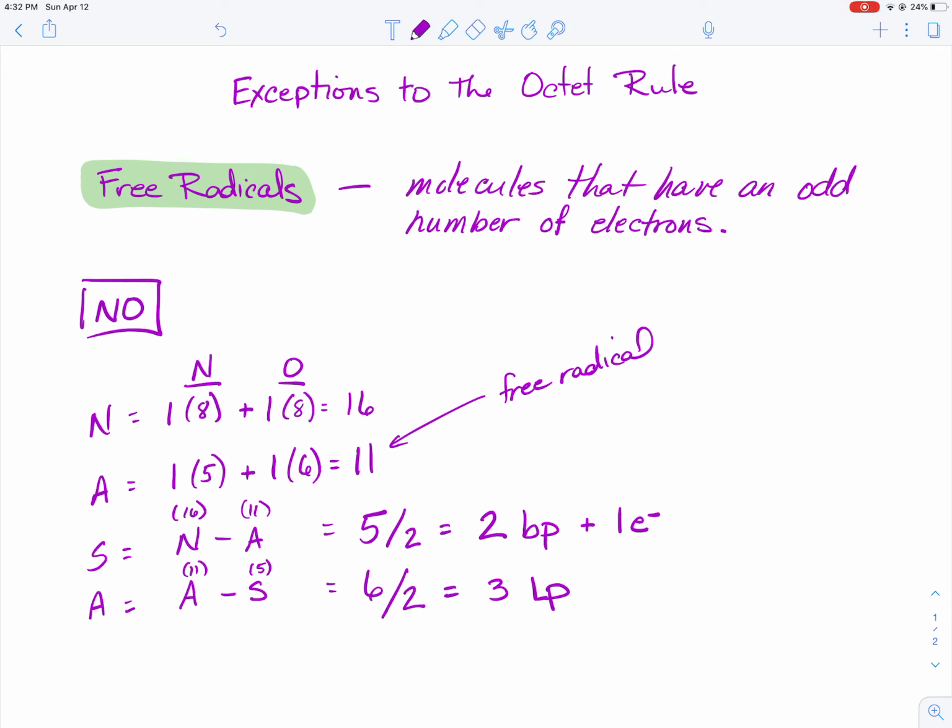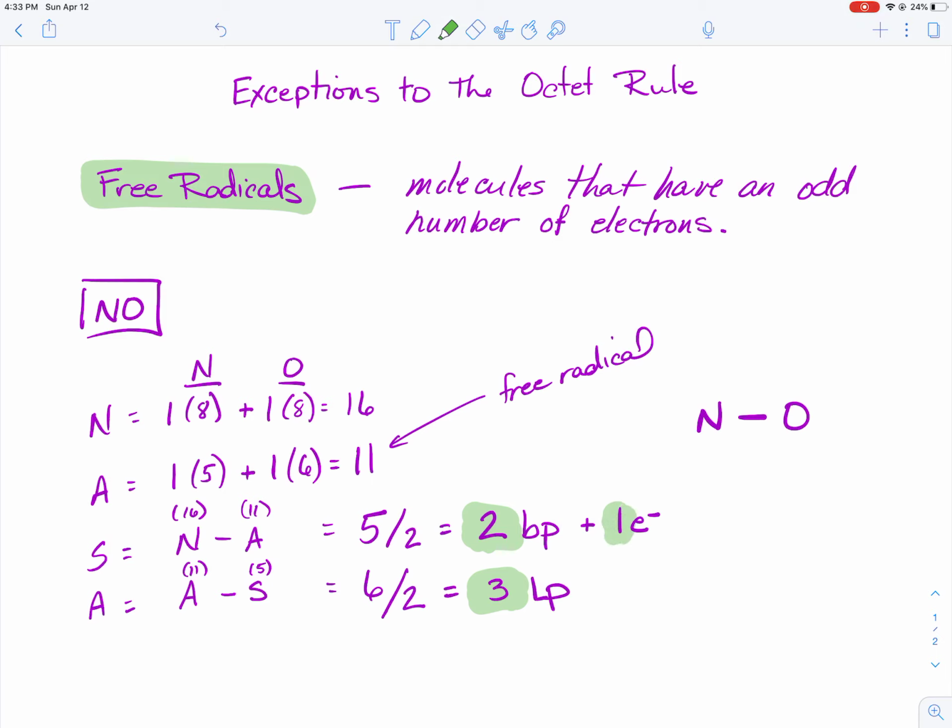Okay? At this point, you can start to build your structure, and you just think of things as normal. So we'll have our N attached to our oxygen. Since you only have 2 atoms here, there's not technically a center atom, and there's not really any symmetry associated with it, but we just go with what we have, and we try to make the values we calculated in our NASA table add up to what we see in our structure.